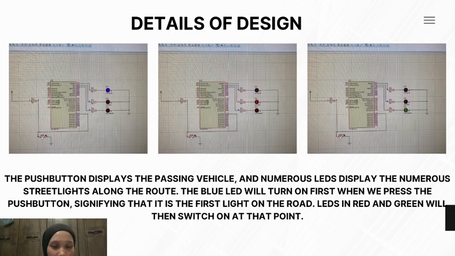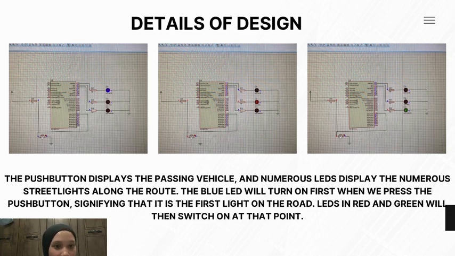The output connected to port B uses 3 resistors of 100 ohm and 3 LEDs of different colors. From our understanding, the passing vehicle is represented by the push button and the numerous LEDs represent the numerous streetlights along the road.